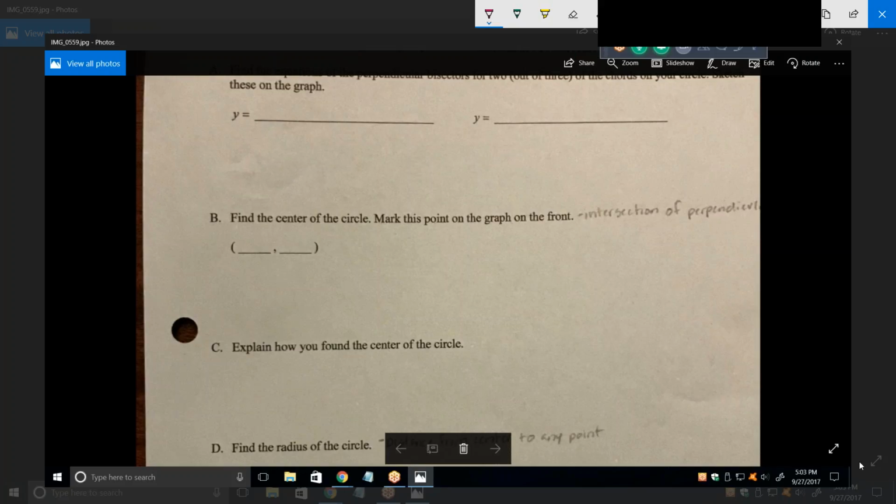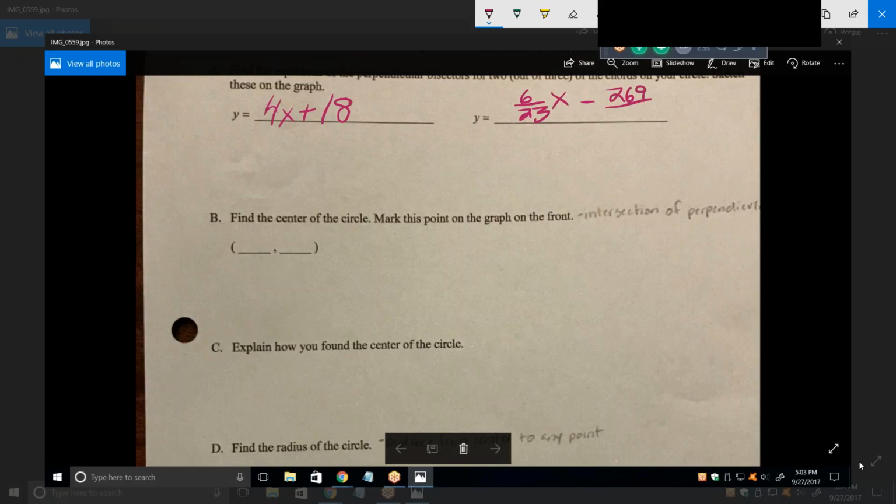So for the first equation, it is y equals 4x plus 18. And then the second one was y equals 6 over 23x minus 269 over 46.